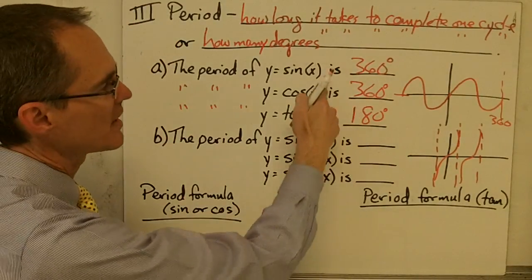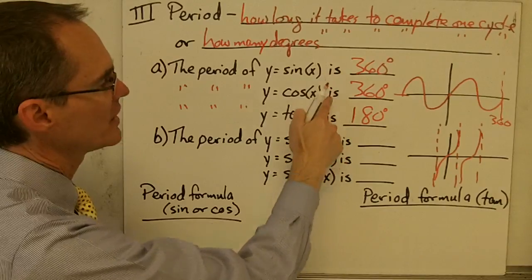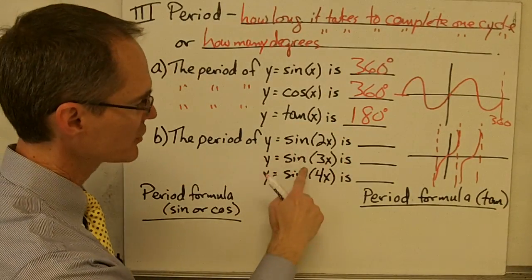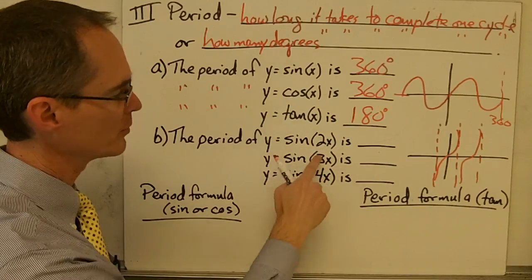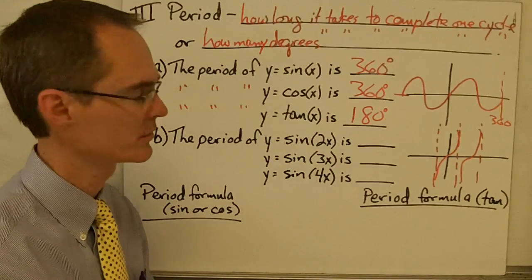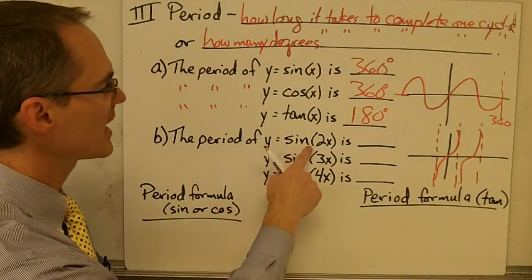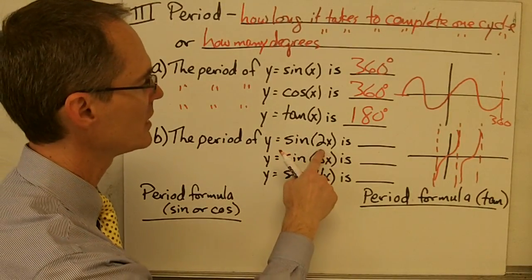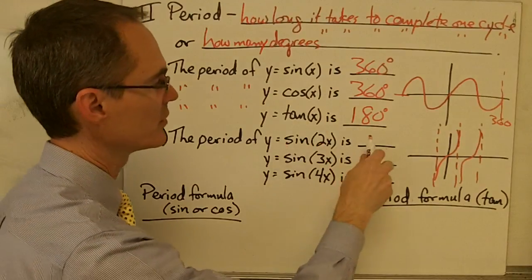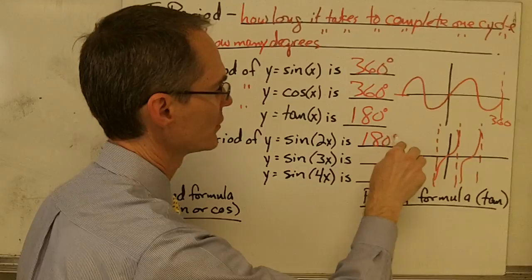Well, once I know the period for each of my parent functions, I can also figure out the period of functions that have been transformed, for example, sine of 2x. The period of the function sine of 2x, it turns out, is going to be 1/2 of the period of 360 degrees, which is 180 degrees.